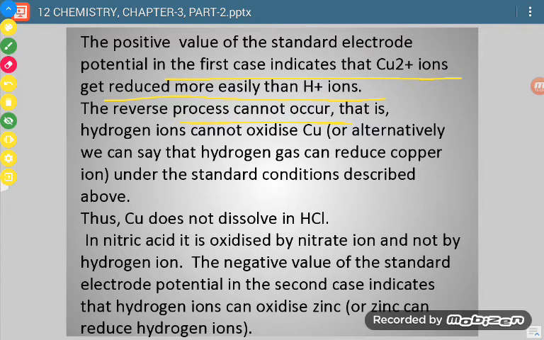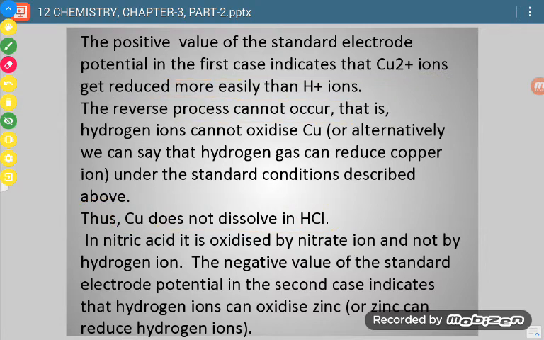Sometimes we are asked, can copper liberate hydrogen gas from HCl or not? If that is to be done, then there must be reduction of H+ ions, but reduction of H+ ions is not possible when it is connected with the copper half cell. So we can say that copper does not dissolve in hydrochloric acid.